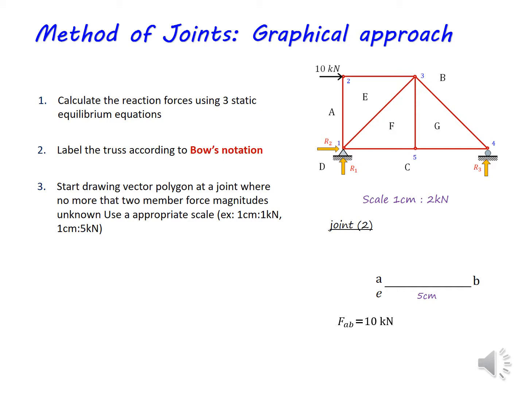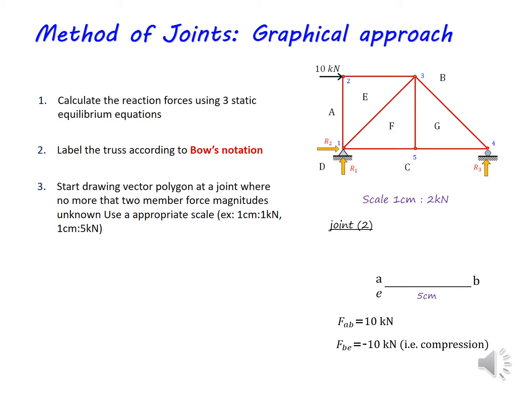And what else can we get? FBE. FBE is representing the member force of member 2, 3. Now BE, the length is 5 centimeters, which means the magnitude of the load is 10 kilonewton, and it is acting in the horizontal direction.